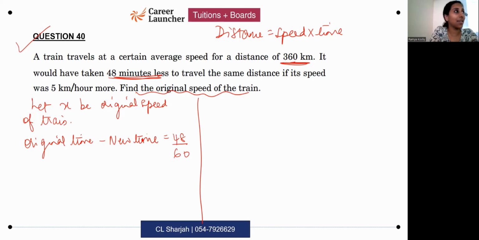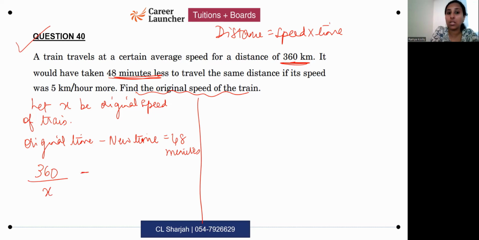48 minutes, how do I convert it? 48 by 60. First I'll write 48 minutes itself over here so that students understand. Now I'll substitute everything. Original time is original distance divided by original speed, 360 divided by x.